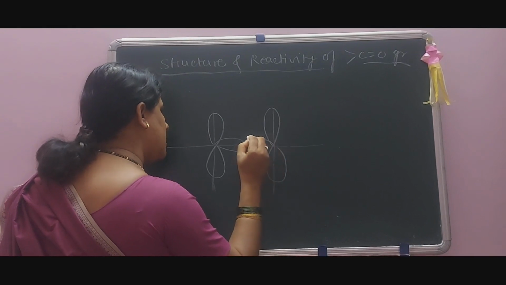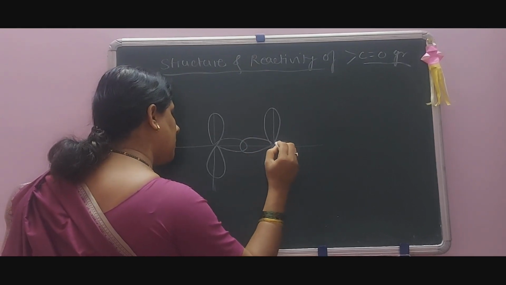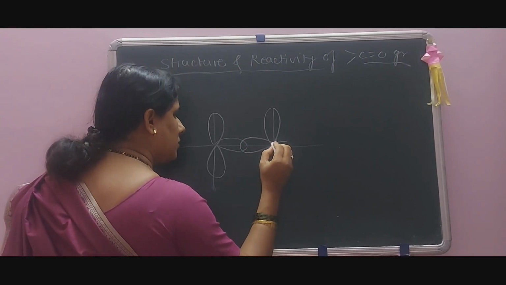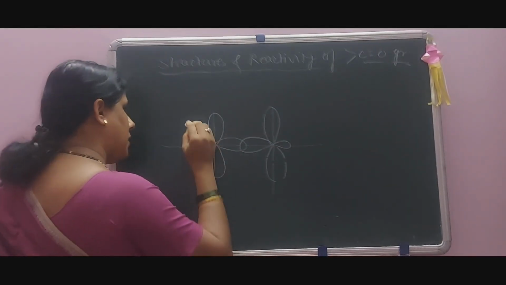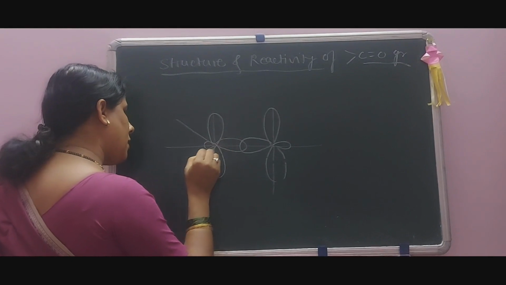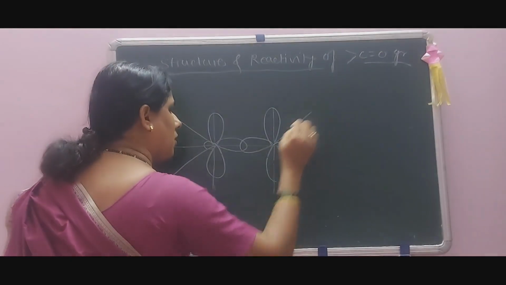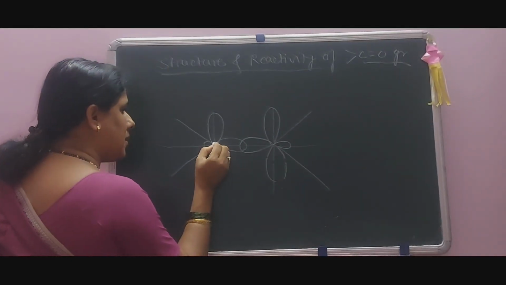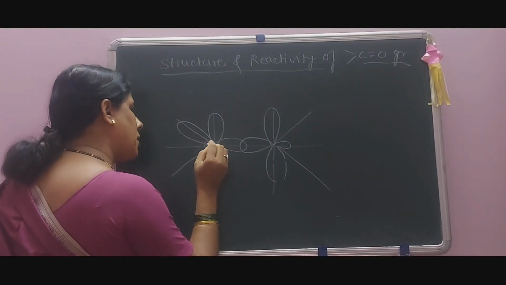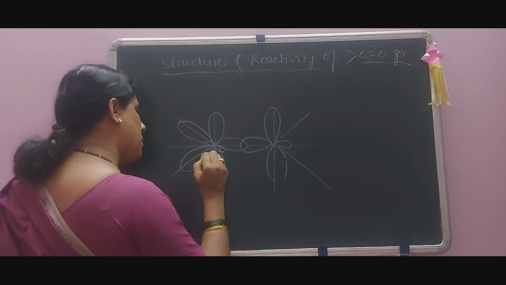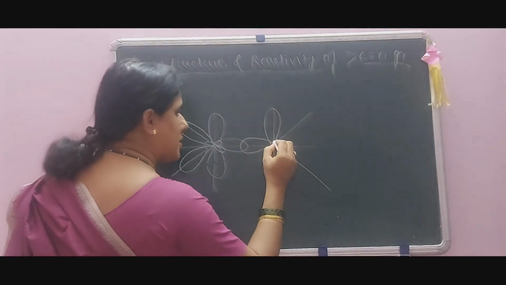Okay, this is the sigma bond. Now these are the alkyl groups, and these are also alkyl groups. They can be situated in these positions, here also like this.